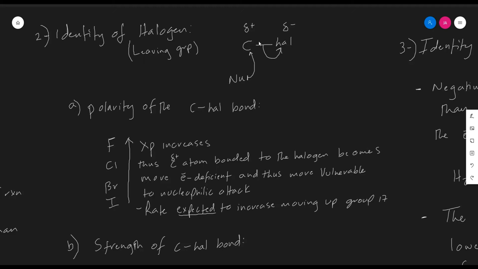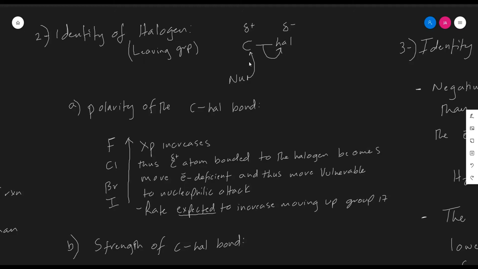In terms of the electronegativity of the halogen group, the more electronegative the halogen group is, the more positively charged this carbon atom in the carbon-halogen bond is, this electrophilic carbon, and thus the more easily attracted this nucleophile is to this electron-deficient carbon atom.